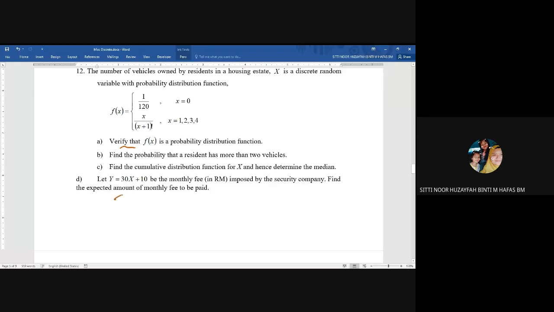So total probability is equal to what? For every x we determine the probability and add up all of it. So when x equal to 0, it will be 1 over 120. And then for x equal to 1, it will be 1 over (1 plus 1) factorial. And then for 2, it will be 2 over (2 plus 1) factorial. And then 3 over (3 plus 1) factorial.